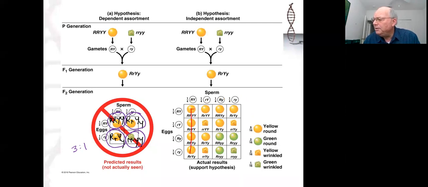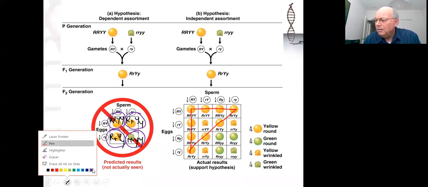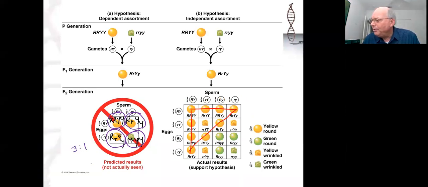You get 9 big R, big Y, in other words, round and yellow. You get 3 little r, little r, oops, let's get rid of that.